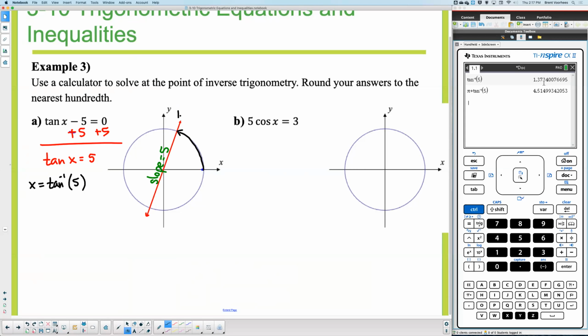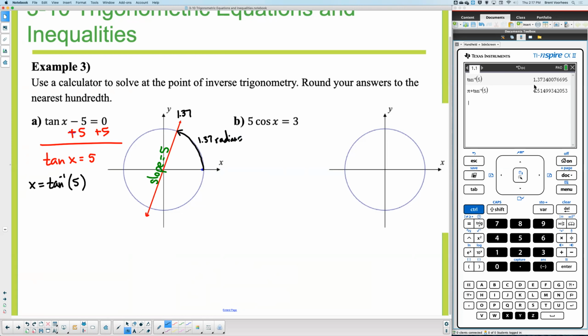What are we supposed to round to? Hundredths? How many decimal places is that? 3. That's 1.37 radiuses along the circumference. That's what that is. Do y'all remember that? That's what radians meant? We went 1.37 radiuses, and we called that a radian.